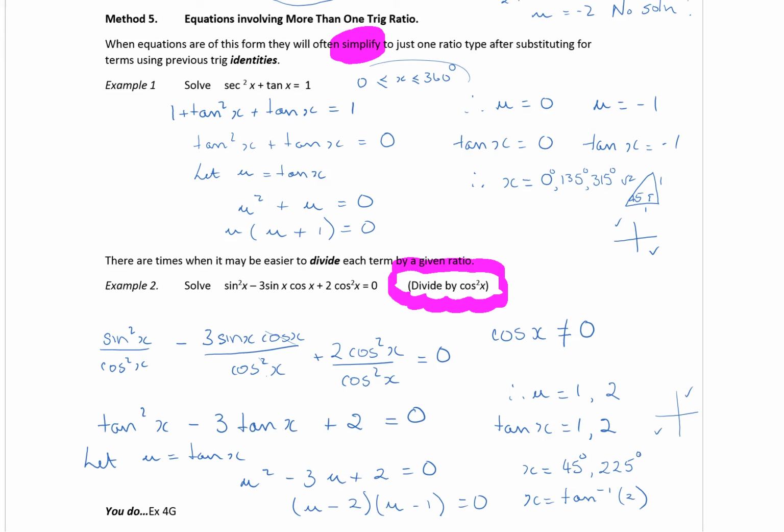You may have been wondering why I didn't divide by sine squared. How did I know to divide by cos squared? It's a little bit of trial and error. It is absolutely just trial and error. If you divide through by sine squared, you'd get some cot squareds and you'd get cot.